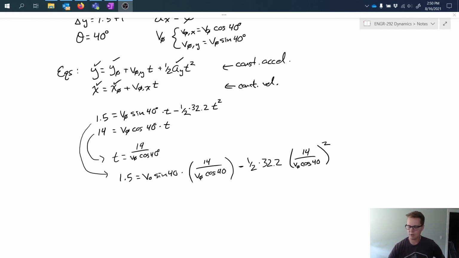All right, so doing some rearranging here, in this first term I have a v naught in both the numerator and denominator, so those are going to cancel out. 1.5 is still here. Sine over cosine is tan 40.